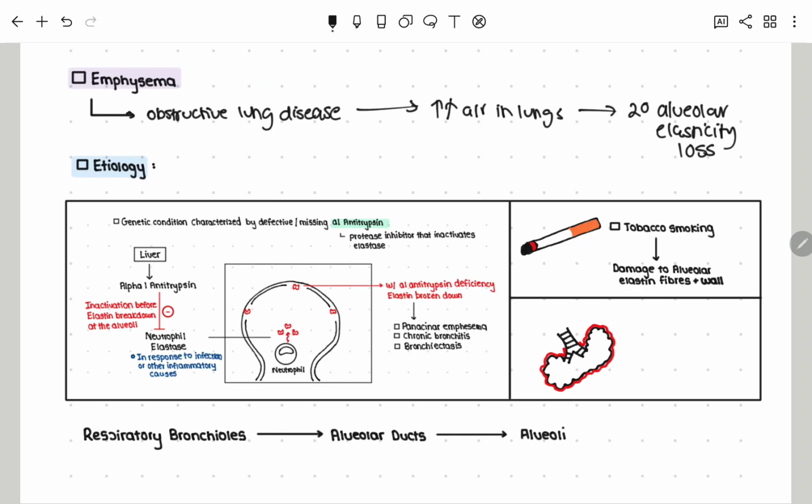The two etiologies that are associated with emphysema are alpha-1 antitrypsin deficiency and tobacco smoking.